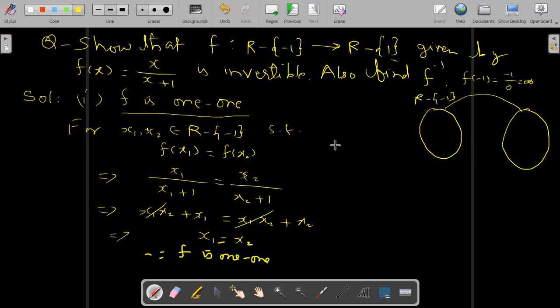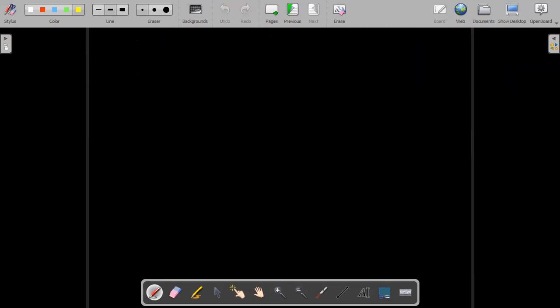And second step, we have to show that f is onto. We can analyze first.